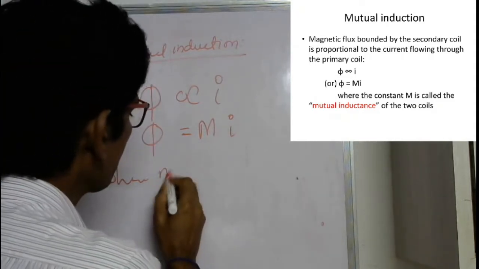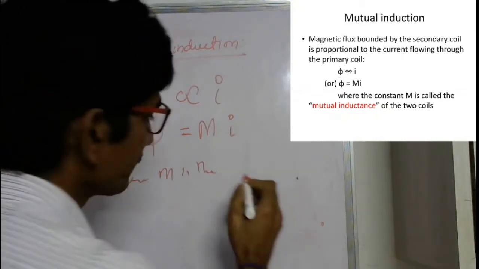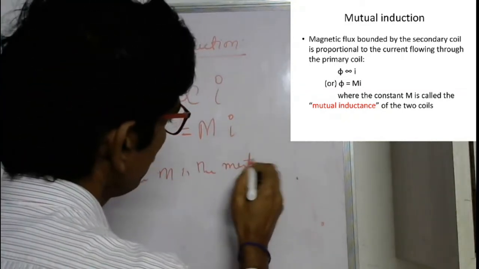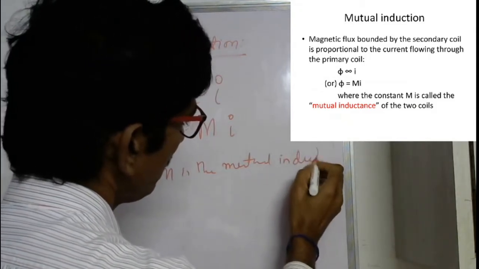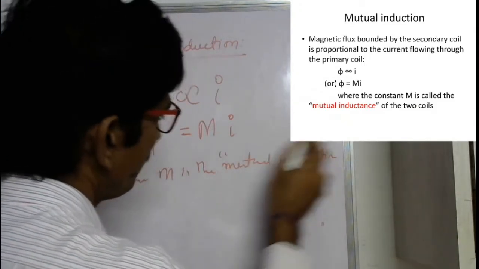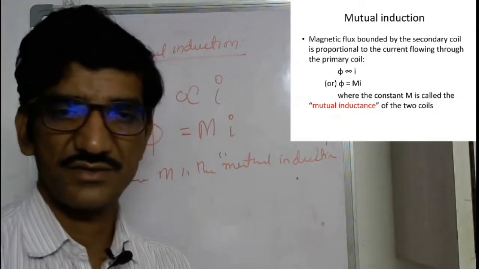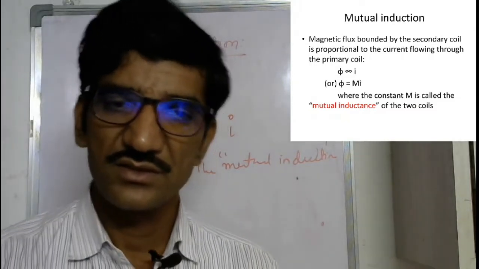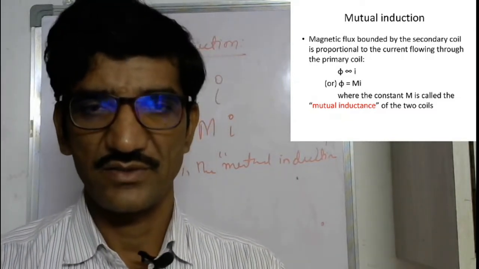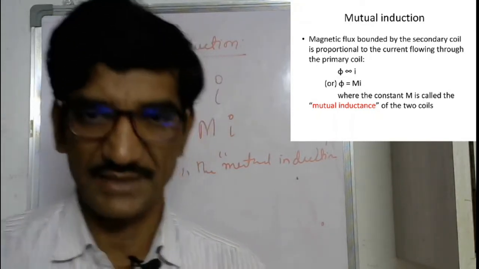Mutual inductance is a constant for a given pair of coils. It does not depend on i.